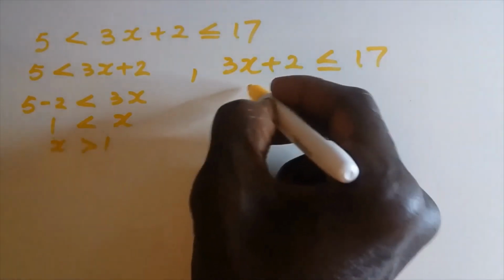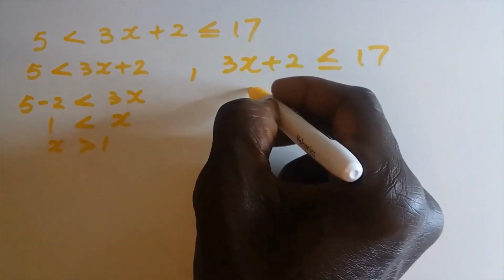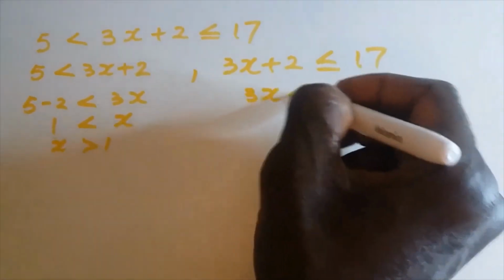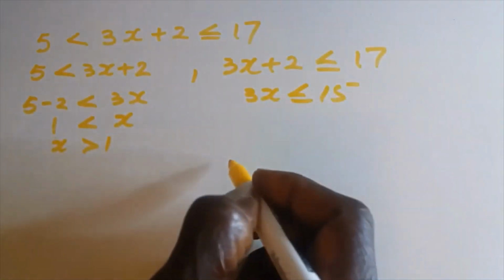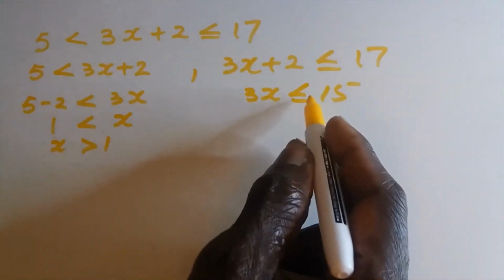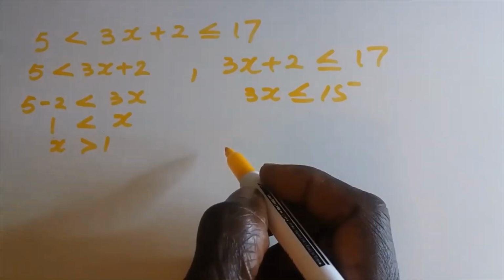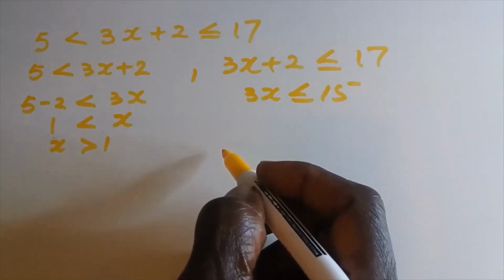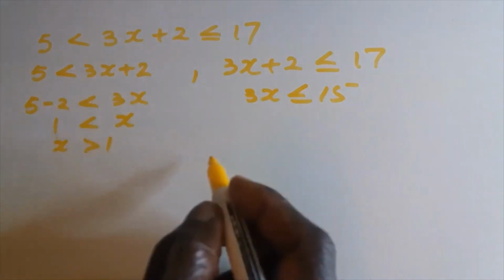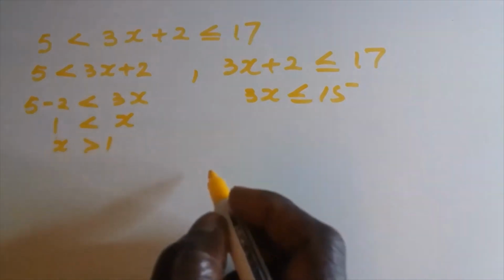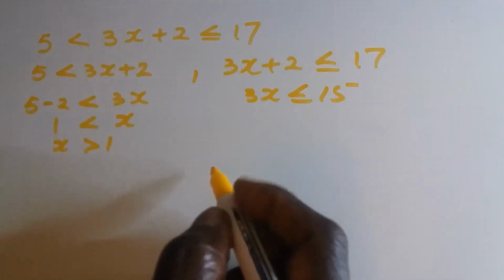And on this side we have 3x, this is 17 take away 2, which is less than or equal to 15. So we handle these just like equations, just that we pay attention to the sign. If you divide or multiply by a negative number, then you change the sign of the inequality. Otherwise, it's treated similarly to equations.